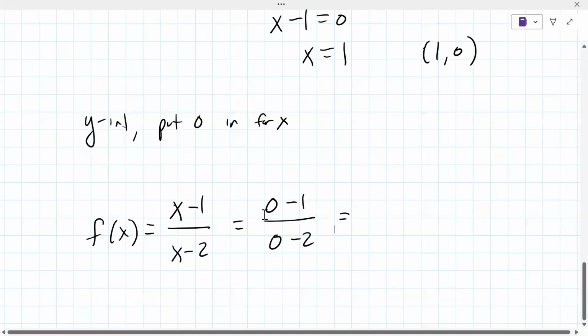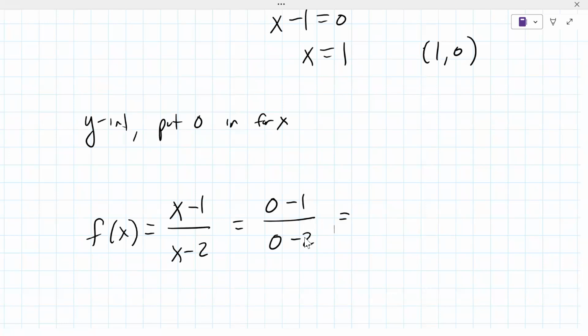So 0 minus 1 is going to be negative 1, divided by negative 2. Negative 1 divided by negative 2 is going to be, let me use my calculator. It's 0.5, it's 1/2, right?